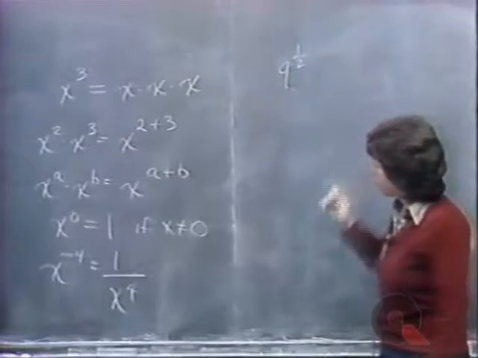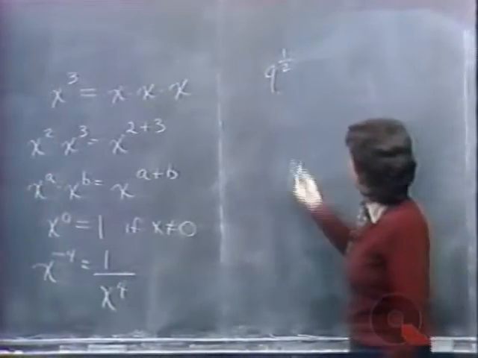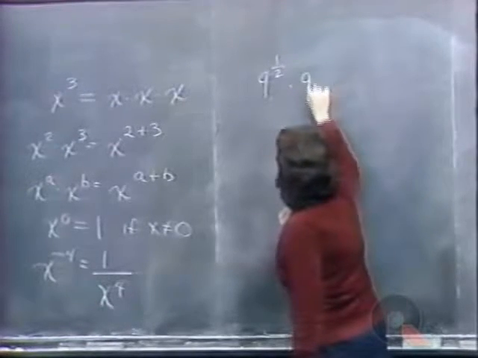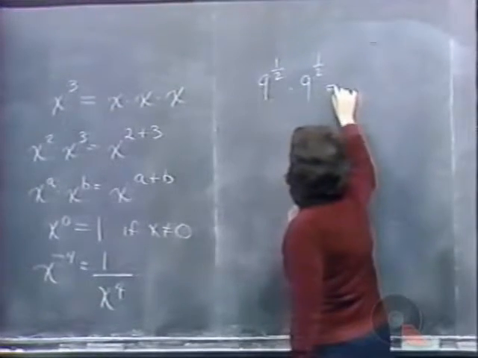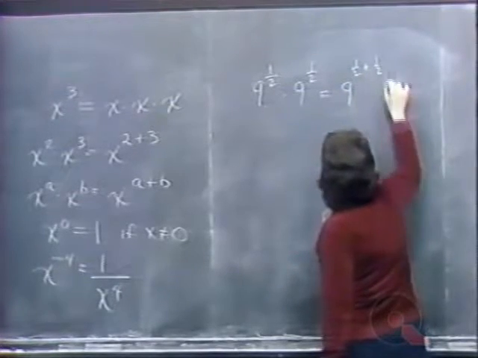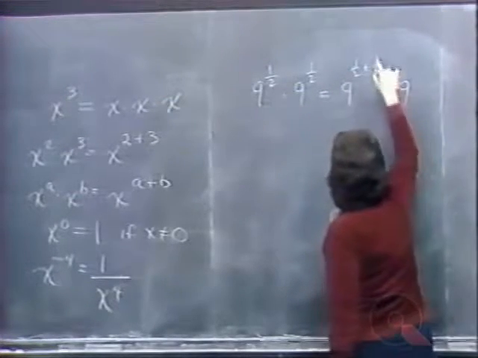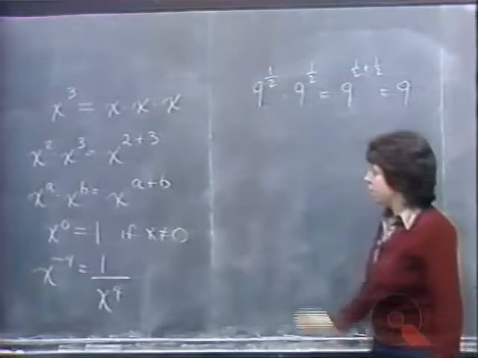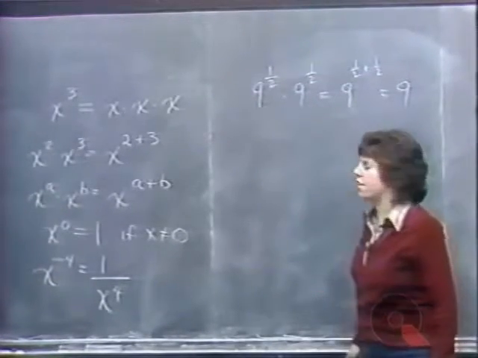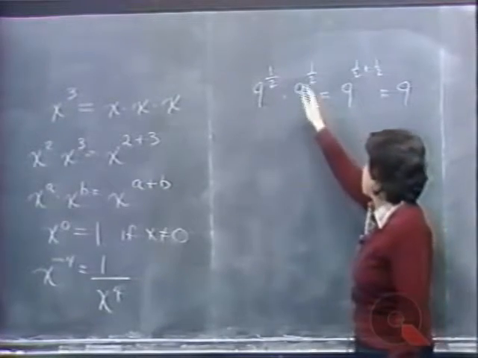Well, if the rules that we already have are going to hold true, then whatever 9 to the 1/2 is, 9 to the 1/2 times 9 to the 1/2 should be equal to 9 to the 1/2 plus 1/2, or 9 to the 1, or just 9. This is the rule that x to the a times x to the b is equal to x to the a plus b. We keep the same base and we add the powers.